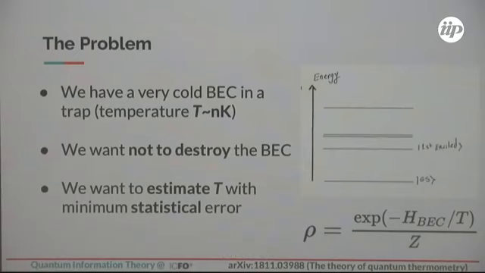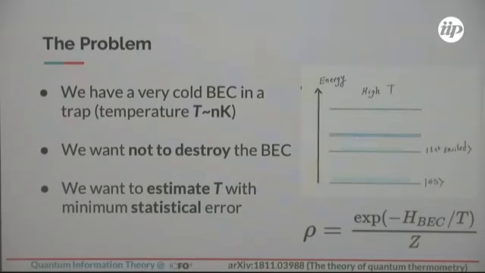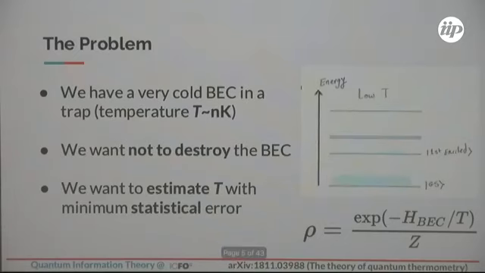Basically, if this is the energy structure of your system, at high temperatures, there's a probability that your system is occupying all energy states. So you have some statistics. When you measure it, there is some statistics that you can use to estimate the temperature. It's basically a sensitivity to the temperature. However, if the temperature is very low, your system freezes in the ground state and your statistics is very weak. So this is basically the main reason that we have a very big statistical error at low temperatures.